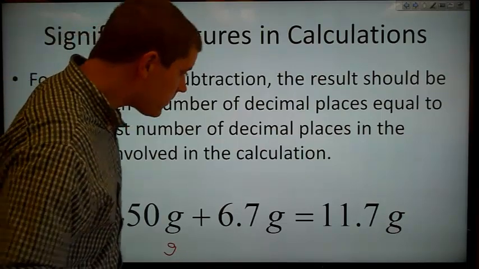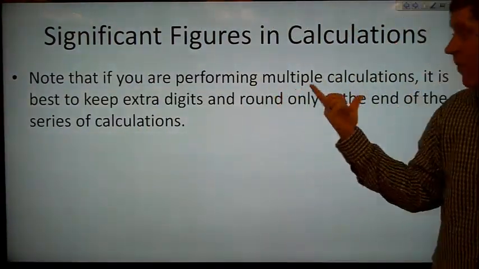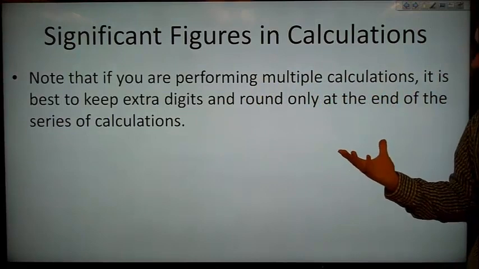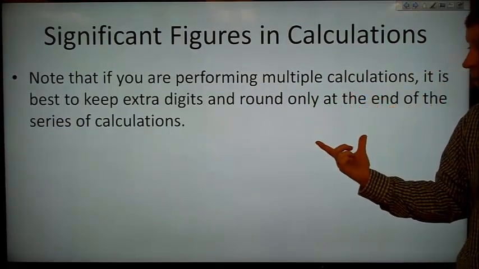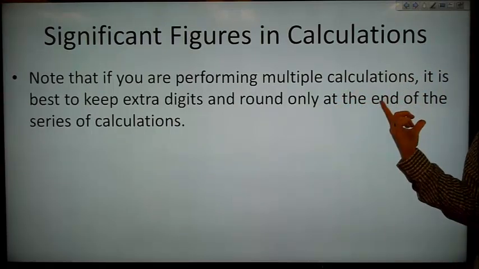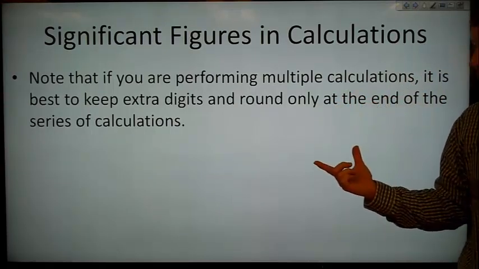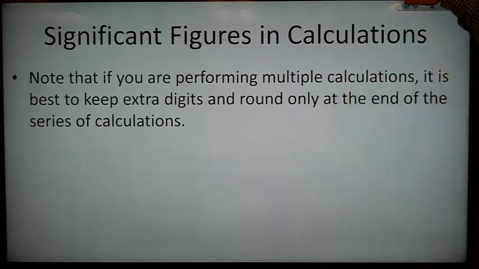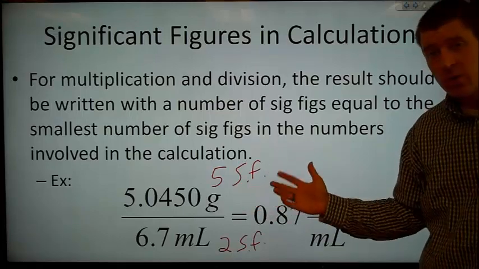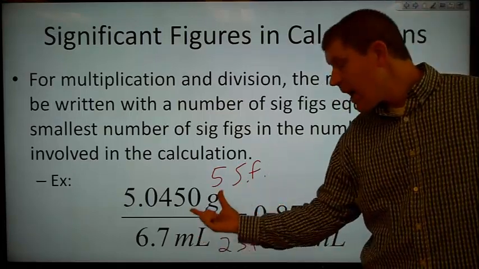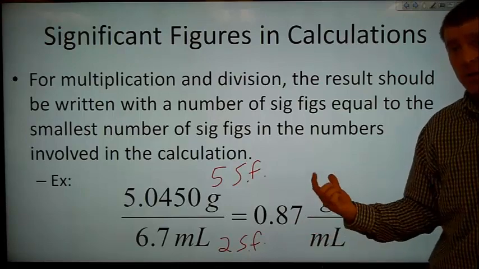So, note that if you're performing multiple calculations, it's best to keep extra digits around and round only at the end of your series of calculations. Because if you have a whole string of multiplication or division and you're rounding after every calculation, you could end up introducing some significant rounding errors.